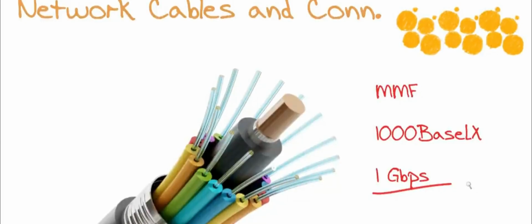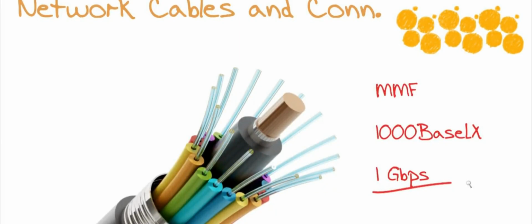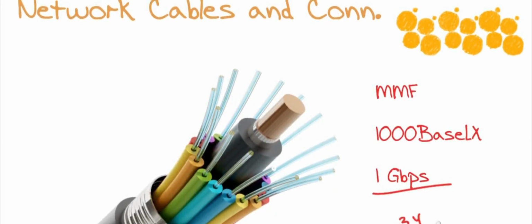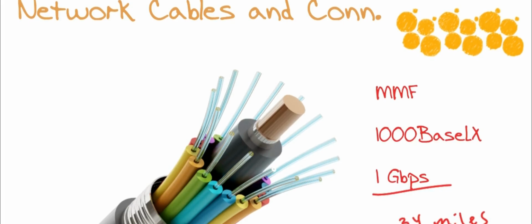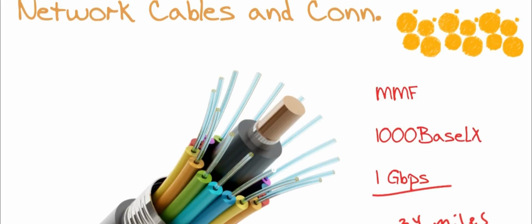But the problem is distance. It's 550 meters. That's about 0.34 miles. So we had one technology that could go nearly the distance of a marathon, and now we have a technology that's not even a 5K run. So you can see big differences in the distances that are possible with this technology.